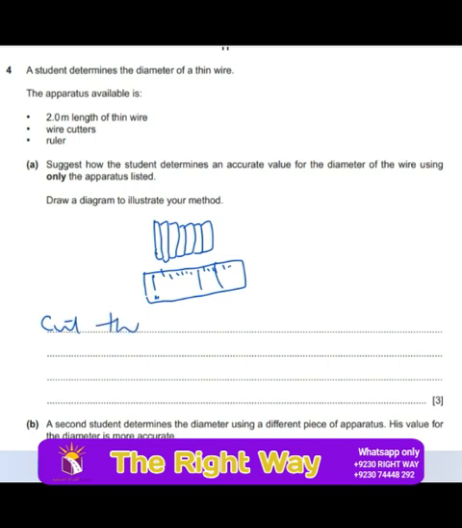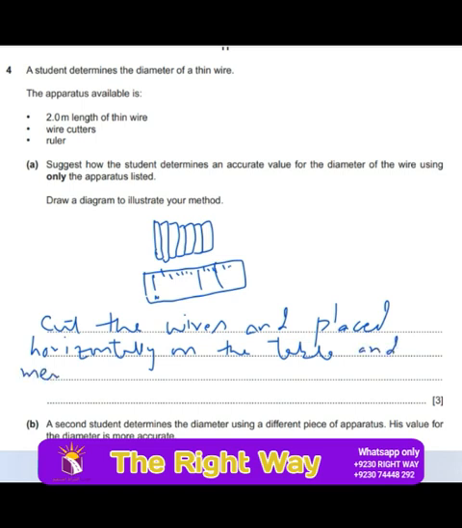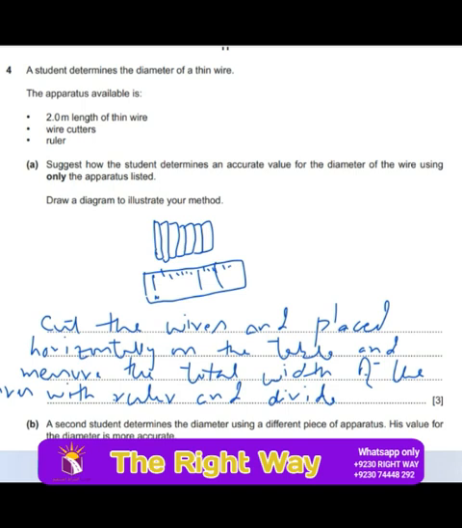Cut the wires and place them horizontally on the table and measure the total width of the wires with a ruler and divide it with the number of pieces.